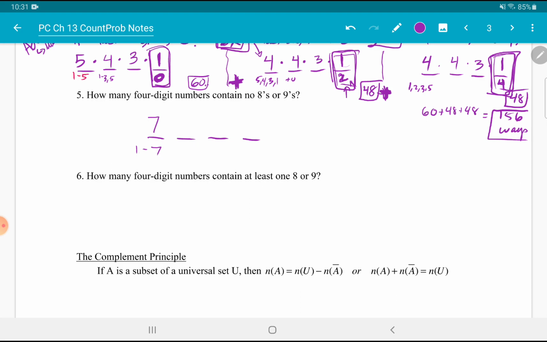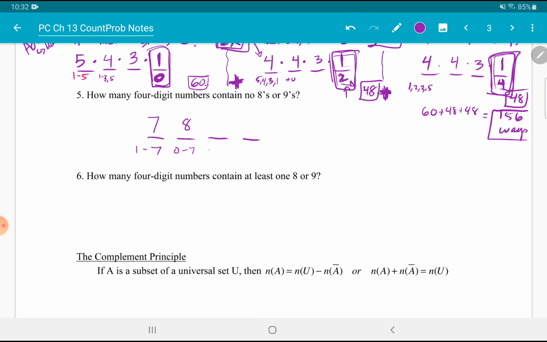That could be a 4-digit number with a 0 in the middle. And again, you can't have any 8s or 9s, so you've now extended the items you can choose from 1 to 7 to 0 to 7. This problem makes no mention that you can't repeat numbers, so in this case you can. So we actually now have 8 choices to choose from.